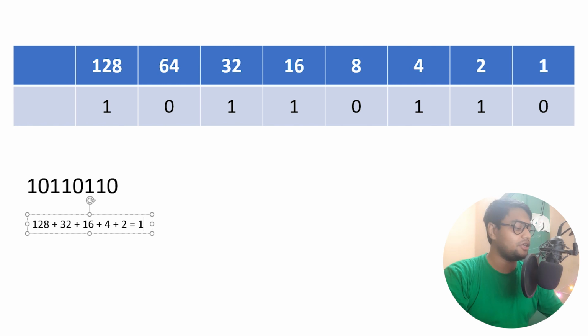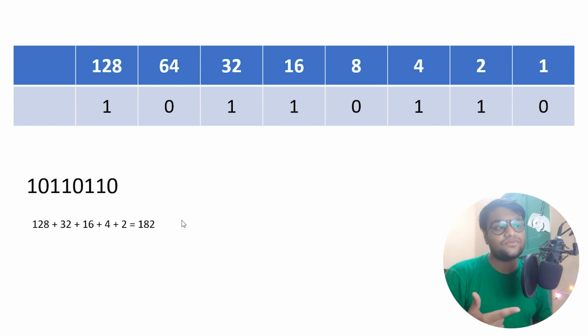So it's 182, and this is pretty much it. This is the way you convert a binary number to a decimal number. There is a longer process, which I've shown in a video on the whiteboard, and I'll put a link in the description. If you follow that process, you can convert any number given to you.